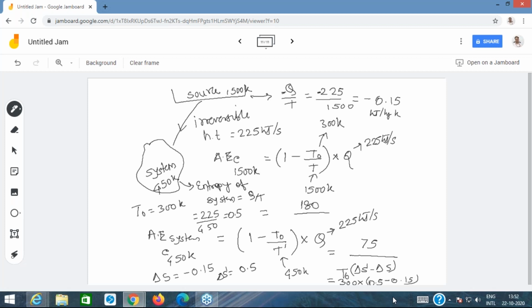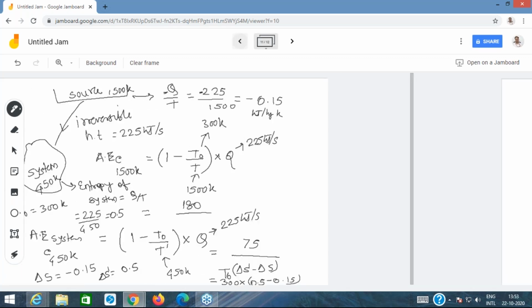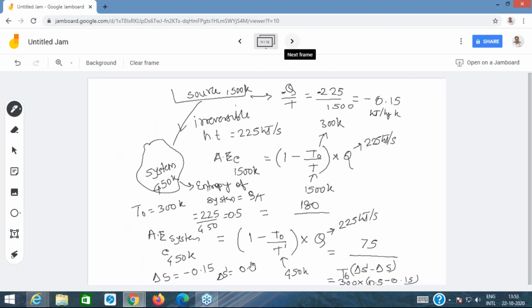So our attempt should be that we need to make sure that, for example, this problem you can solve again by assuming the system to be at 1000 Kelvin. We have solved this numerical, so you can do a thought exercise. Take the same value. For example, a source is at 1500. The heat transfer is same, that is 225. And instead of the system being, what was the temperature? The system was at, sorry, 450.